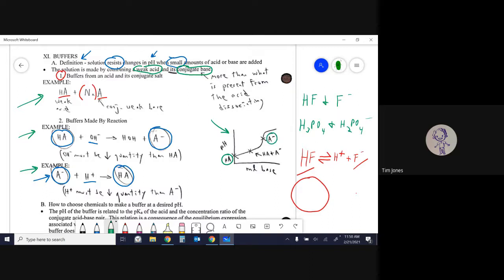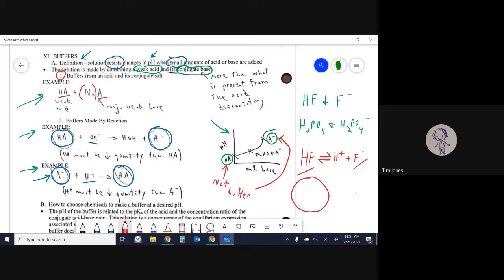So that would be the endpoint here. These 2 points are not buffers. Not a buffer. That's just HA with the tiniest bit of A minus. Likewise, here, not a buffer. That's the opposite situation.